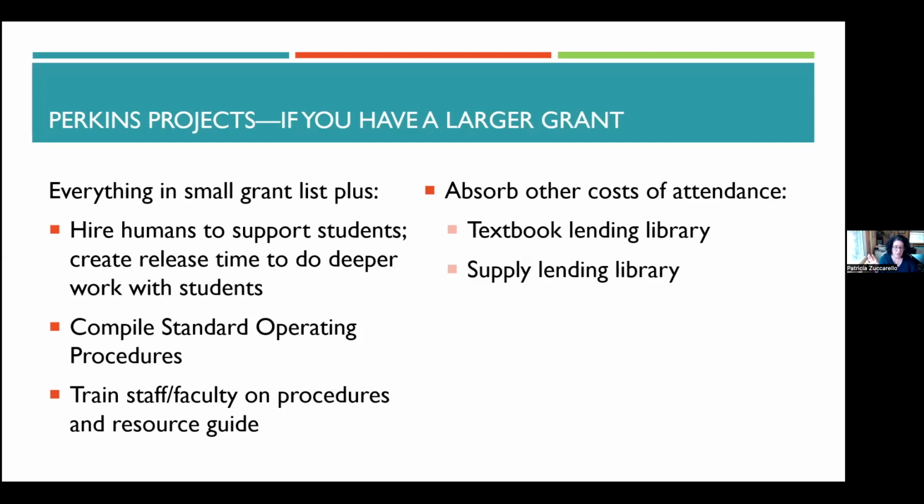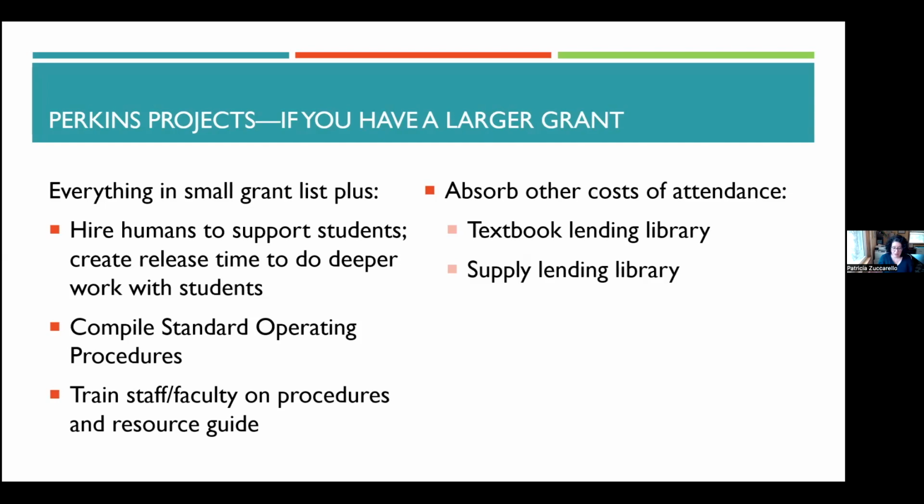Again, noting Janelle's cautionary tale around supplanting. But other things, like we've talked about how training staff and faculty is a component that House liaisons are responsible for. You could put something together that's a little more robust, or that includes a resource guide, right?